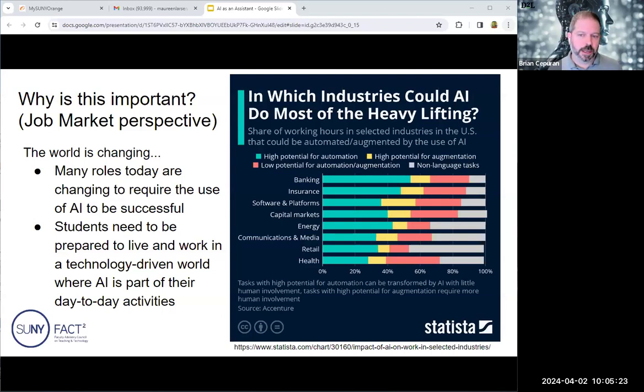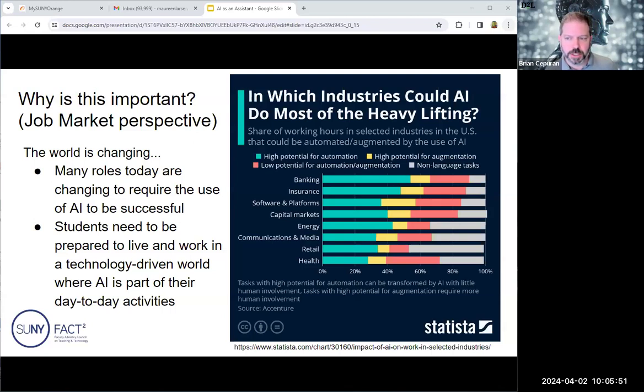So what we see is that the roles that are out there are changing, and they're changing in a way that requires them to use AI in order to be successful. And for those students that are at your campuses today and tomorrow, they're also going to need to be able to adapt and be prepared to live in a world where AI is a part of their day-to-day operations, right?